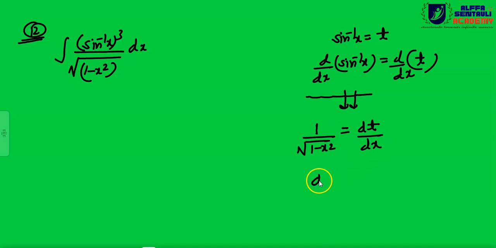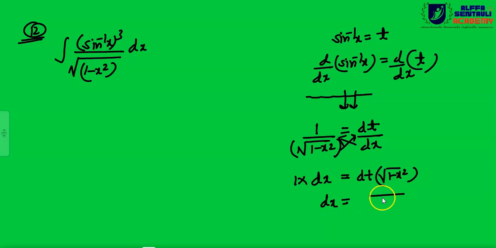Now let us find the value of dx. We will cross multiply. dx will be equal to dt multiplied by under root of 1 minus x square. Got it?